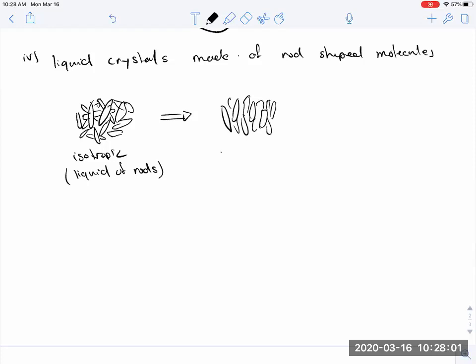Forming a so-called nematic phase, where rotational symmetry is lost.